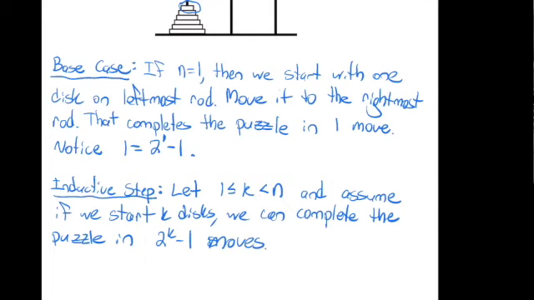So this is like assuming statement P of k is true, but we take it one step further in the sense that we assume this is true for all values of k less than n, not just the immediate value right before it.